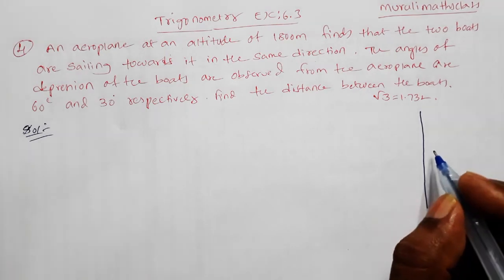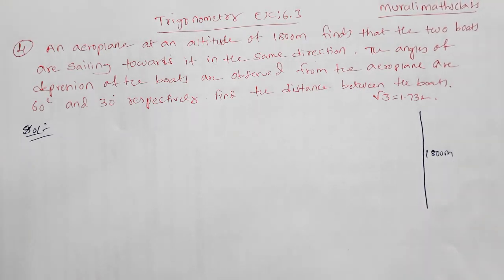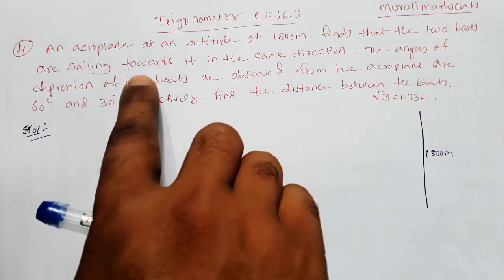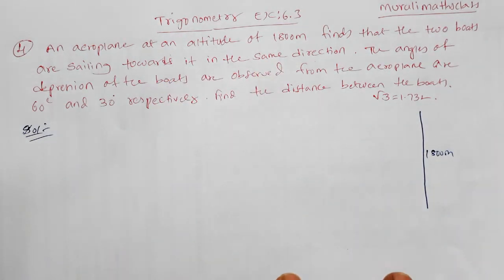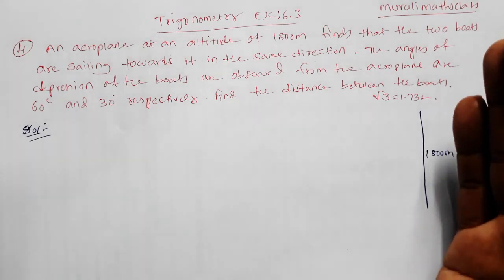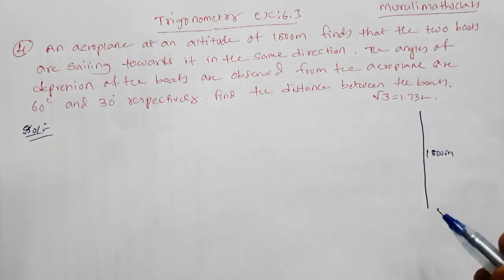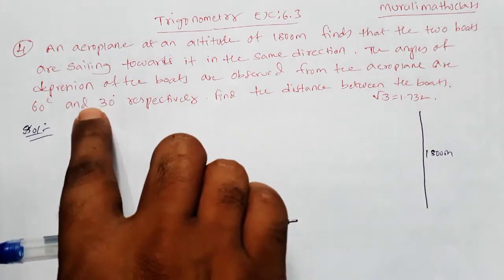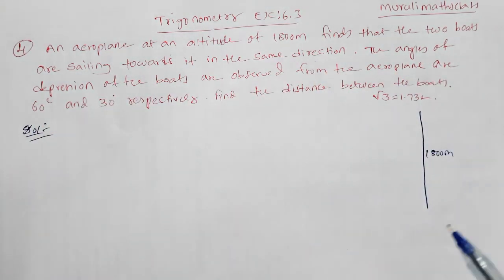So this is the height of the aeroplane, 1800 meters. The two boats are sailing towards it in the same direction. So the aeroplane is moving in one direction, and the boats are also moving in the same direction. Let us think that the aeroplane is moving this side. The boats are also moving this side only, no? The angles of depression of the boats observed from the aeroplane are 60 and 30 degrees.